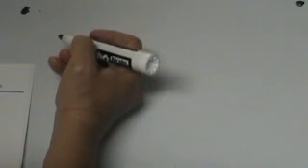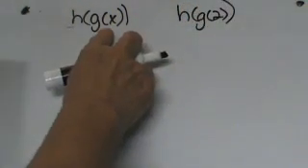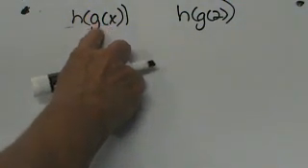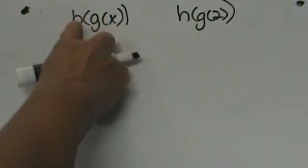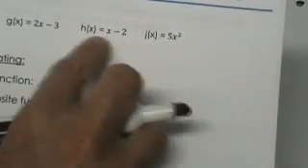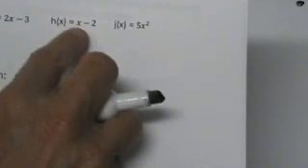Okay, we're going to take the same example, h of g of x, and evaluate it for h of g of 2. But we're going to start first by finding the composite function. So we're going to take the g function and plug it into the h function. Okay, so what I like to do is I actually like to start with the outer function first, and I like to write this, but I like to leave a blank where the h or where the x is.